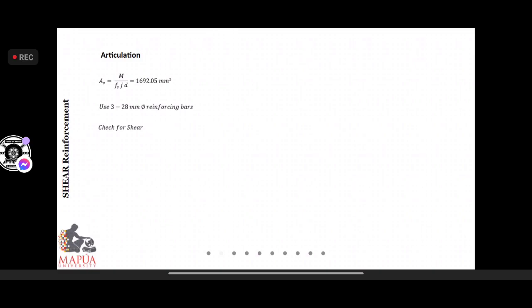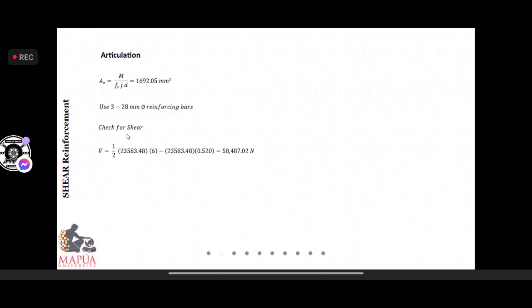So we check now for the shear reinforcement. For the shear analysis, we have to compute the actual shear, wherein it will be located at a distance from the support. Usually we consider it at the center of the support, but in essence, in principle, that is about the distance from the base of the support.